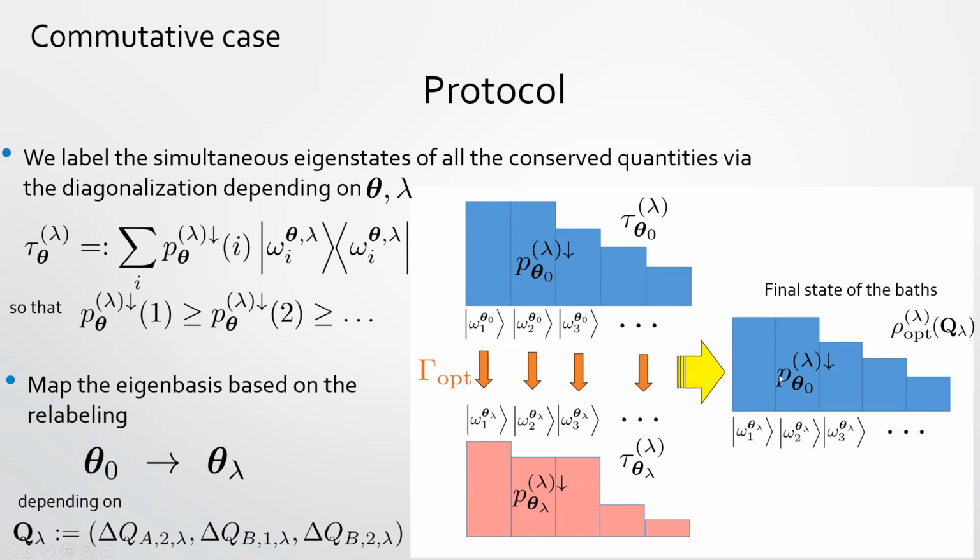Then this state is very close to this one. We need to change the order of the eigenvectors. This is our unitary operation. So using that change of our eigenvectors, the final state is very close to the ideal final state.